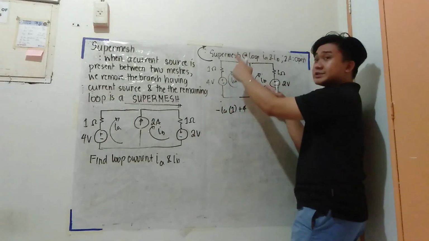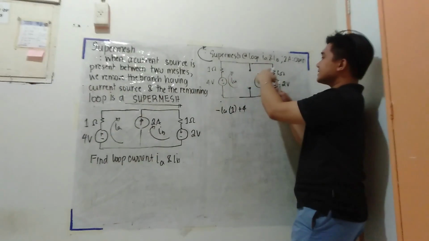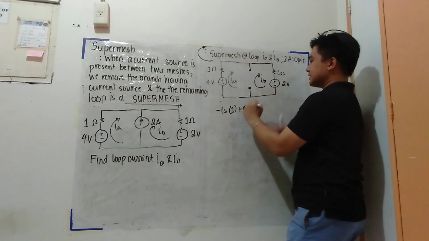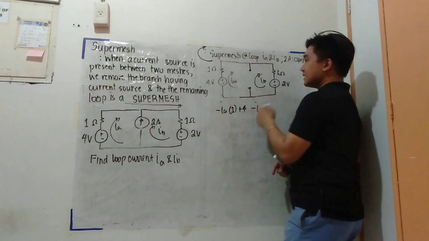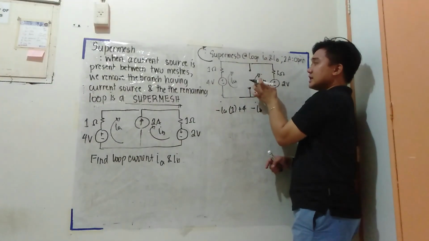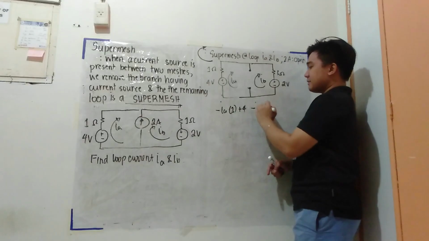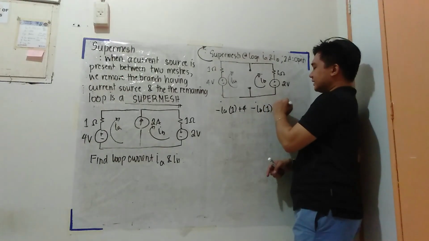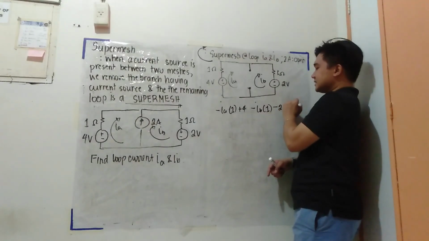Tuloy-tuloy lang yung equation kasi supermesh nga tayo. Next, pagdating kay 1 ohm, ang nadaan ay si IB. So, minus IB, clockwise pa din tayo, at kasabay pa din ng pag-ikot ng clockwise, yung direction ni IB, kaya negative IB pa din. Times 1 ohm, then labas sa negative 2, equals 0.